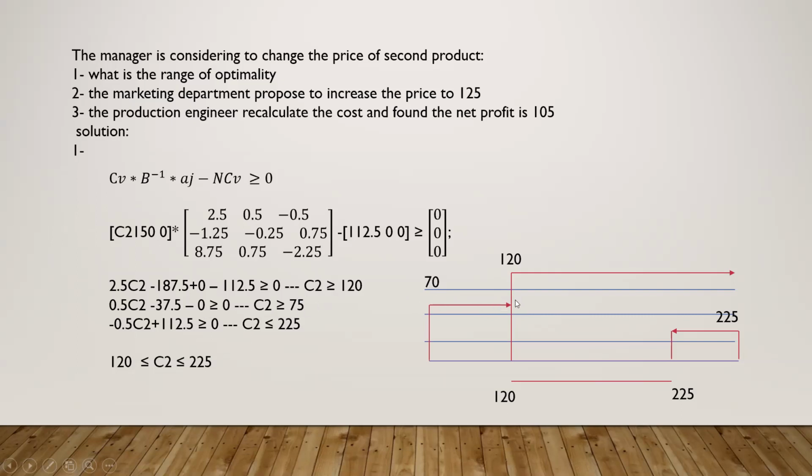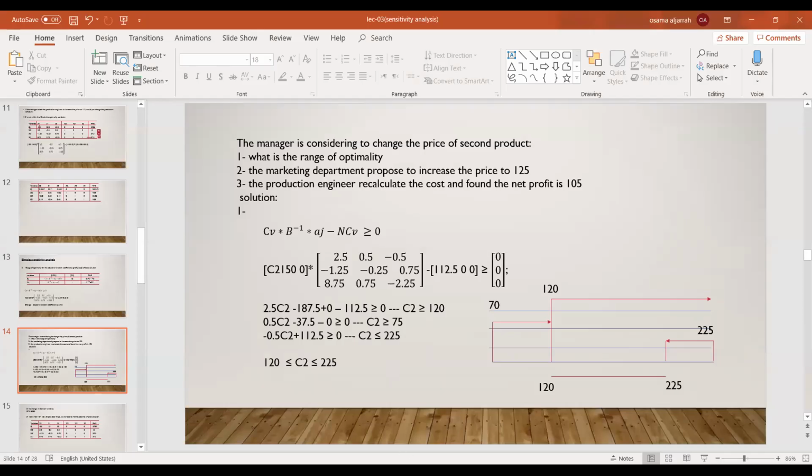So we cannot take this area. From 120 to infinity, we go until we reach 225. So any number less than 225 is acceptable. So the range is between 120 and 225.